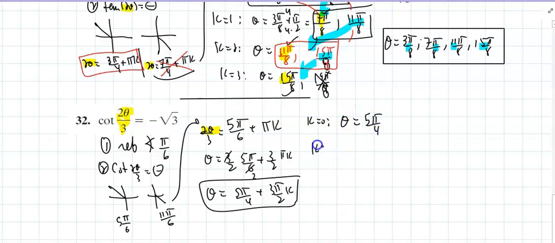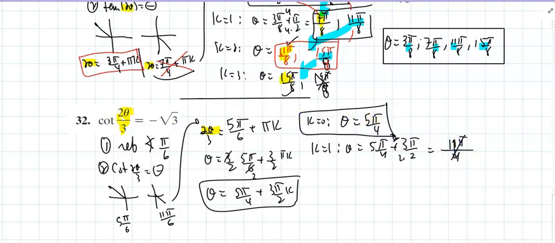That's accepted. K equal 1. I'll get theta to be 5 pi over 4 plus 3 pi over 2, and that turns out to be 11 pi over 4. That's too big. So I only get one solution for this problem. That's it.